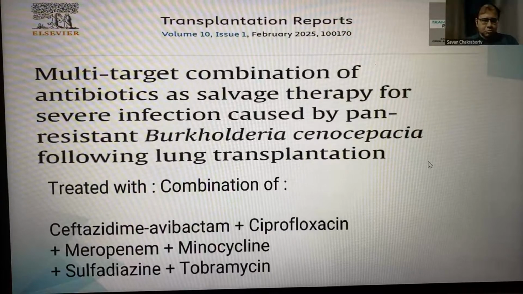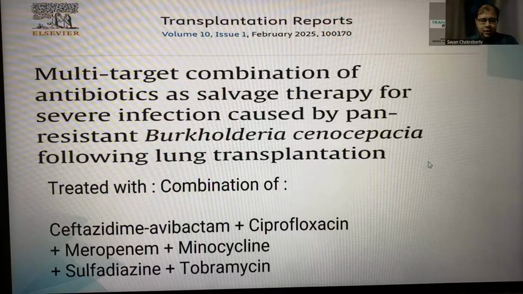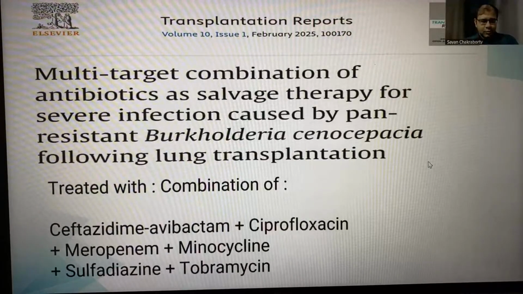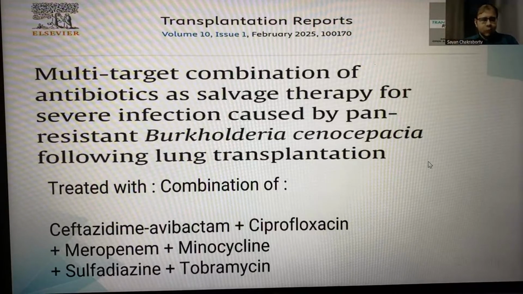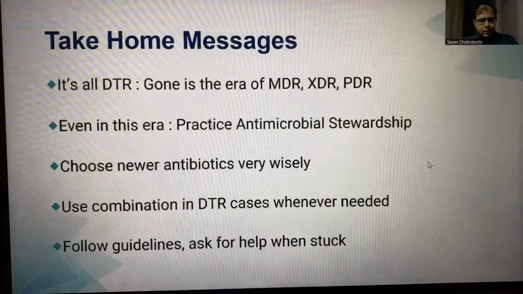I don't know how rational this combination is, but in difficult resistant cases, sometimes we have to use this kind of combination. I chose that combination because of the molecular weight and molecular size, which might be helpful, and it worked.